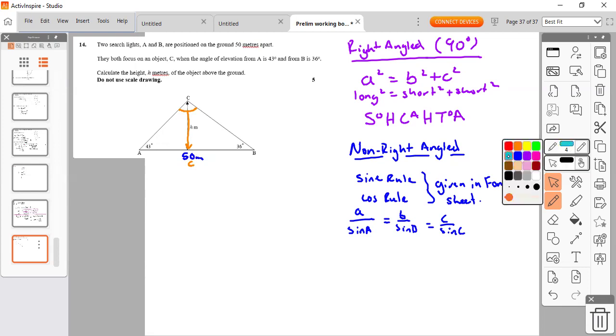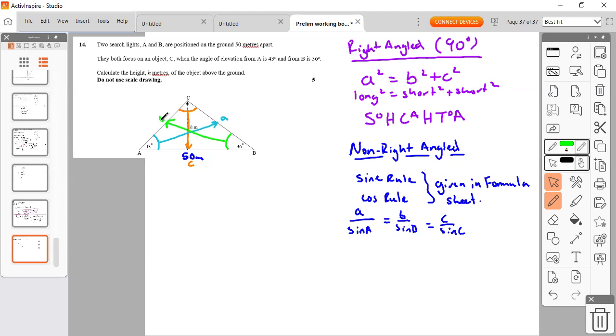Remember we did a question before Easter where the labels were slightly different and we had to change the A's and B's around. But this time we don't. So for angle A, the side across from it would be side a. Angle B, the side across from it would be side b. Everyone's comfortable with that labeling.